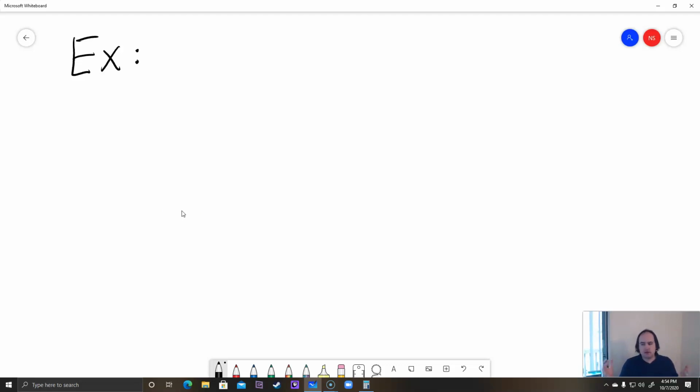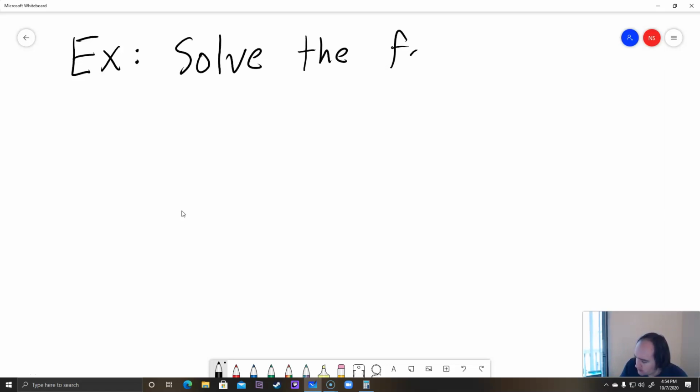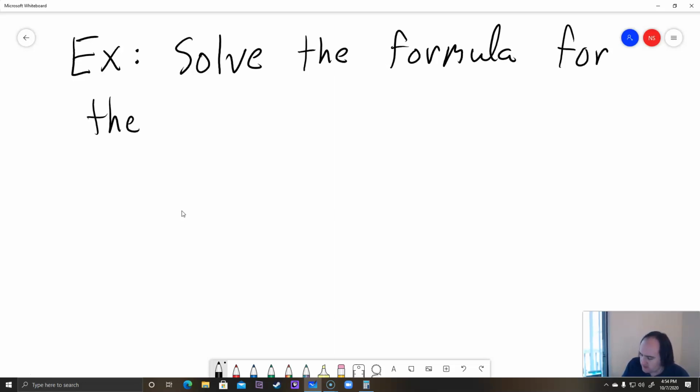So it's going to be a little bit confusing because there are so many letters to deal with. It's not like you just plug in numbers, but it's not too bad once you get used to it. It's just very abstract. Okay, so example. Solve the formula for the given variable.